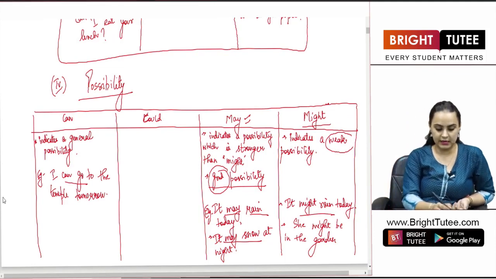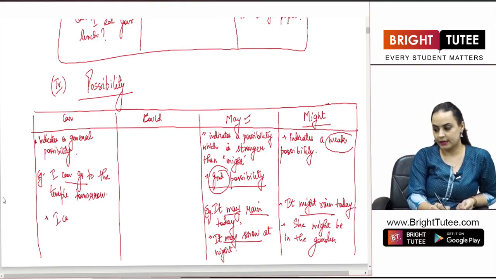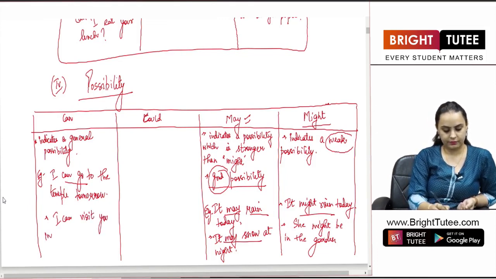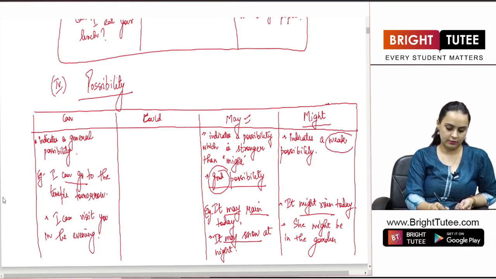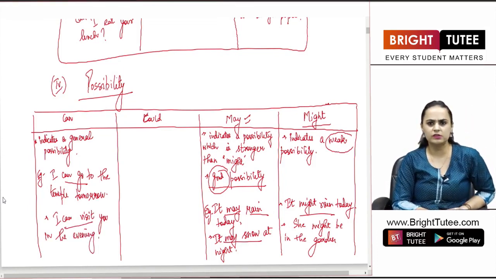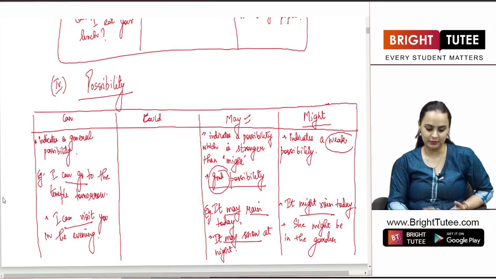Or if I say, I can visit you in the evening. So again, something which is very general, no weak, no strong, a very general possibility for something to happen, that I can visit you in the evening.